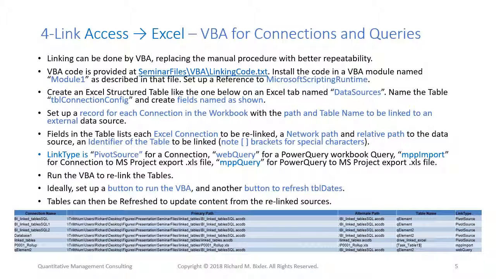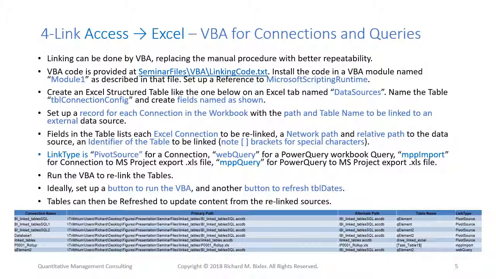The illustration shows these as network paths, which is typical. Relative path syntax is supported, including backslash and dot backslash and dot dot backslash for directory down, this, and up, and will be translated to fully qualified paths required in connections.